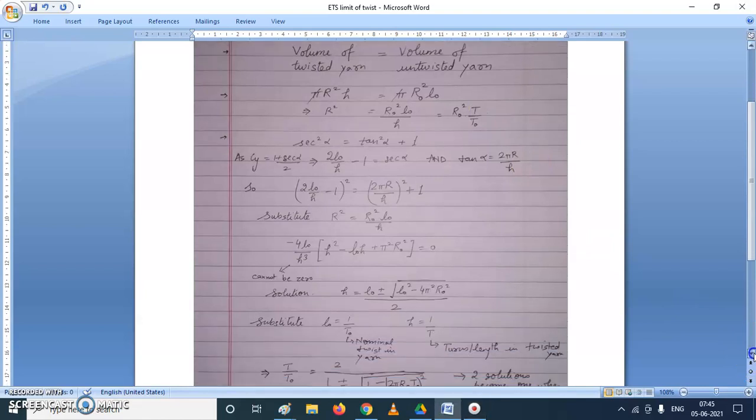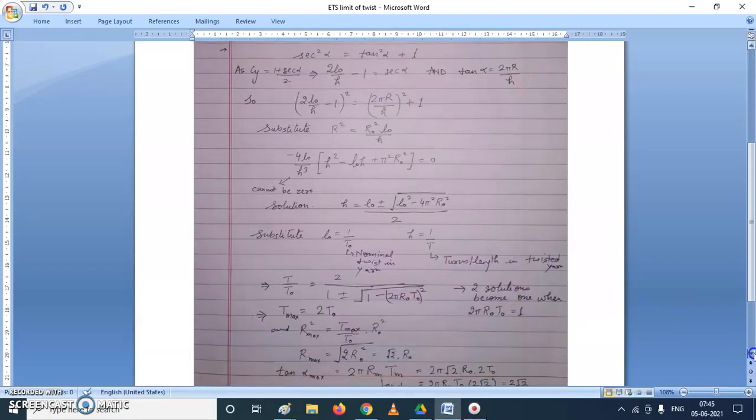Now we know this identity, sec square alpha is equal to tan square alpha plus 1. This is a trigonometric identity.